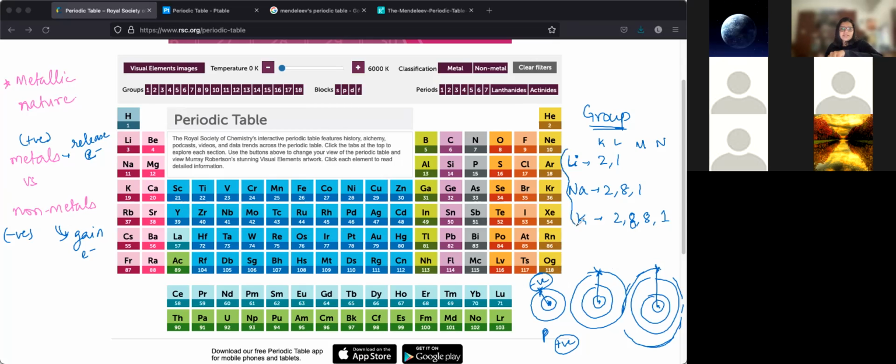But between these 3 elements, lithium is going to be difficult. Then it gets easier with sodium, because the force is reduced here. And it gets even easier in potassium because the force is even more reduced here. Based on this property, what can you say about the metallic nature as you go from top to bottom in a group?